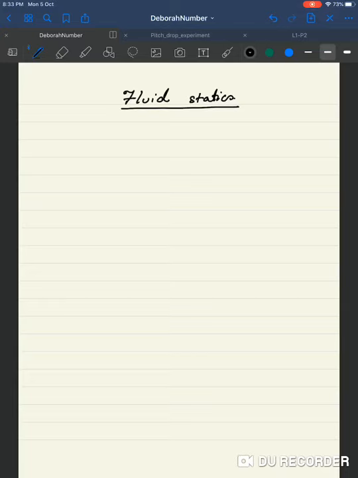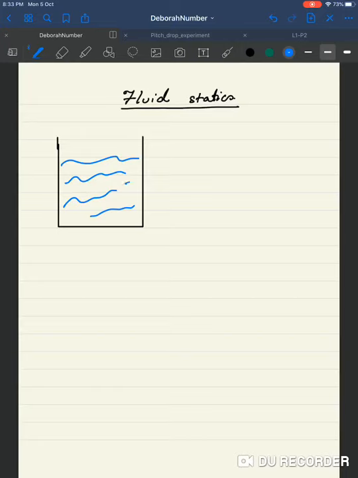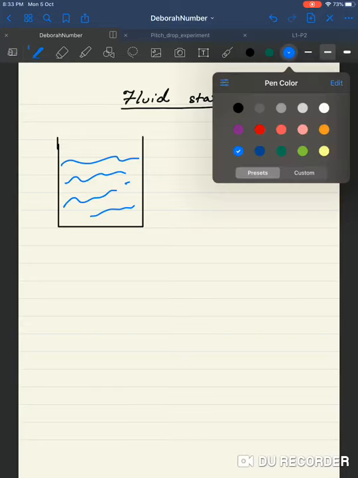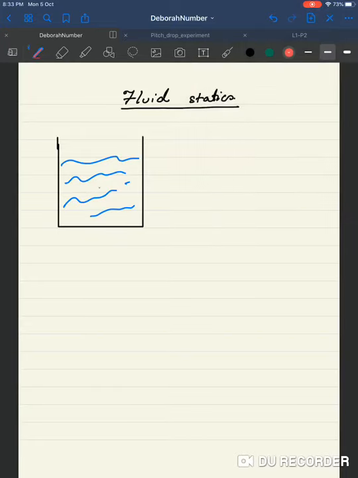Now, if you have a container and let's say it's filled with fluid, we know that this fluid is basically characterized by this quantity called pressure, where this pressure is equal in all directions.